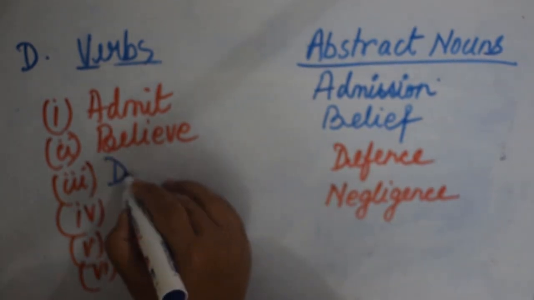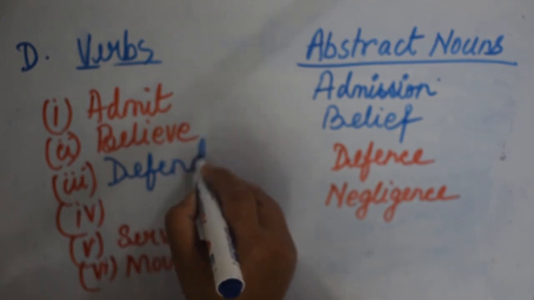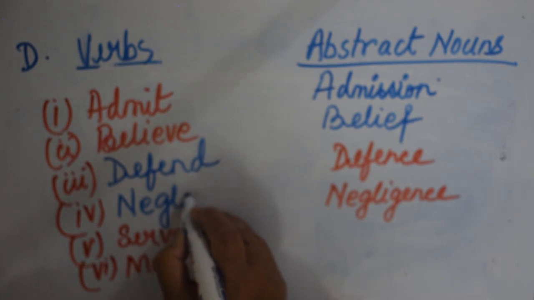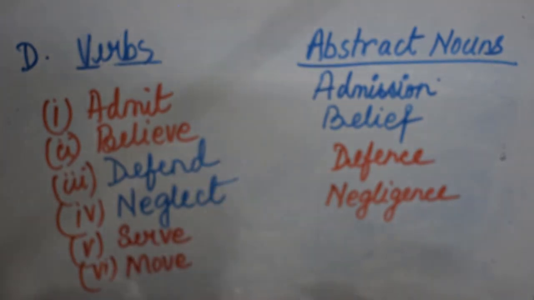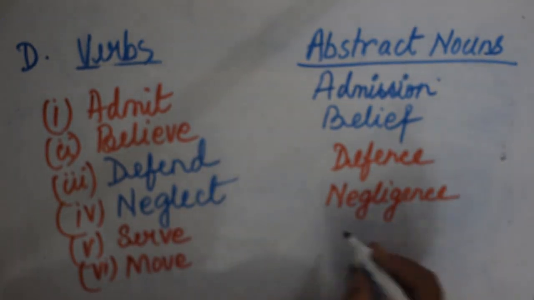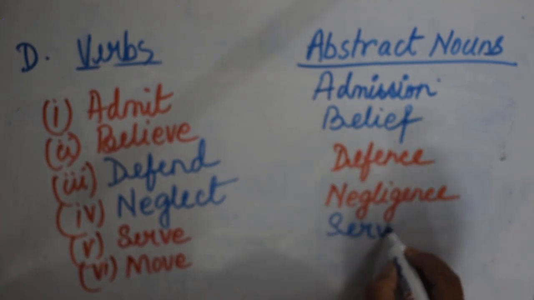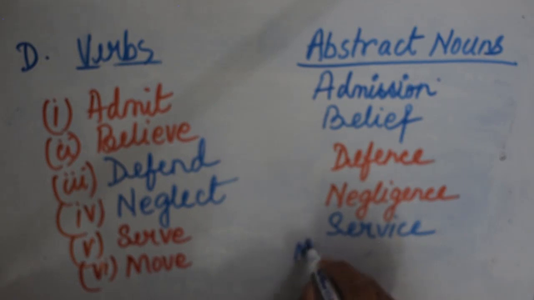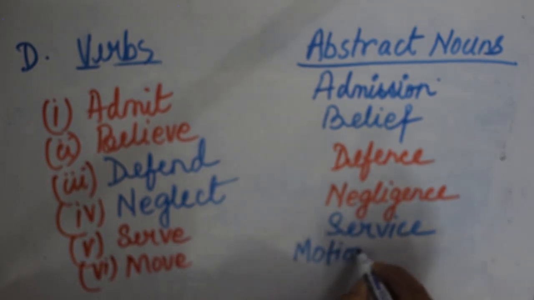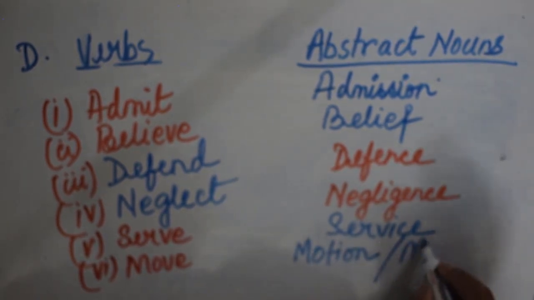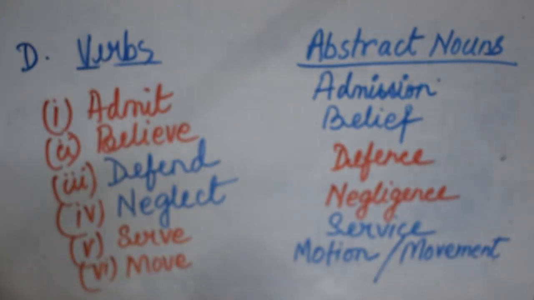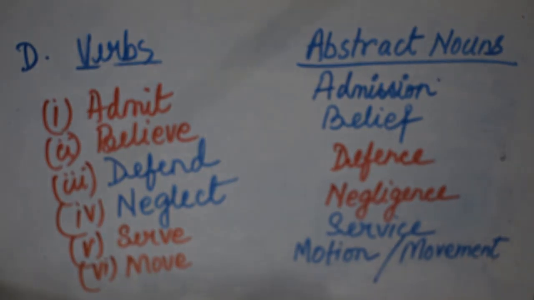Defense comes from the word defend. Negligence comes from the word neglect. Serve becomes service. And for move, one is motion, the second one is movement. Both are correct, motion or movement.